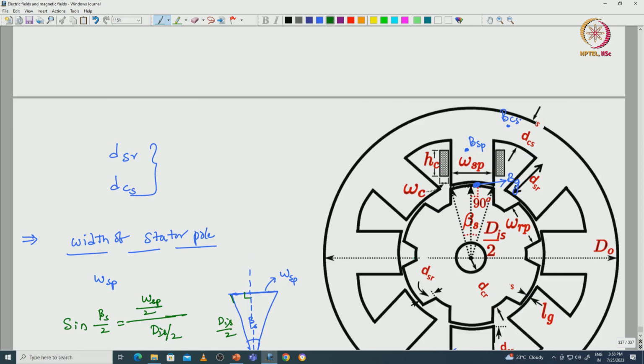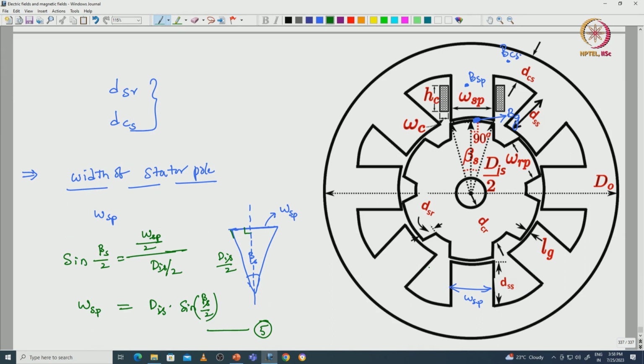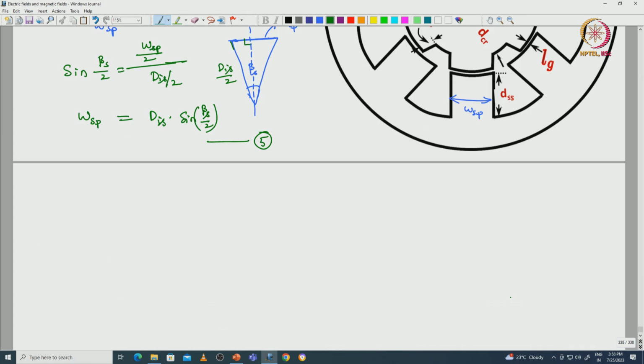So if we know the angle with respect to the stator pole arc, that is beta s, then we can find the width of the stator pole with this equation. If we do not know the angle, or if we want to find the width of the stator pole by utilizing the flux densities at the various parts of the iron, then we have to analyze the flux per pole.